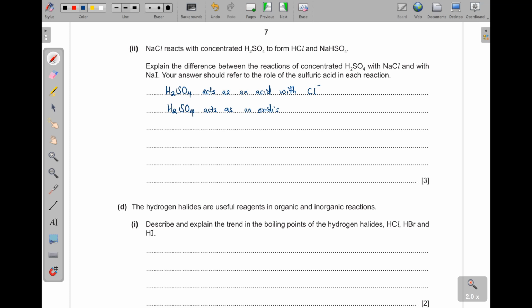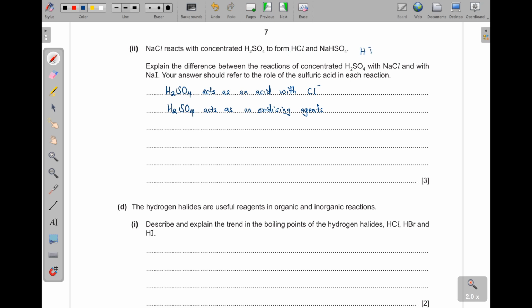Remember, going down the group, these halides become more of reducing agents. They become stronger reducing agents and weaker oxidizing agents. So sulfuric acid here is a stronger oxidizing agent compared to the iodide here. So that's why the hydrogen, this is HCl.